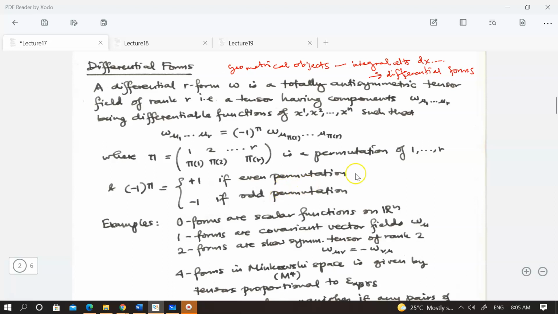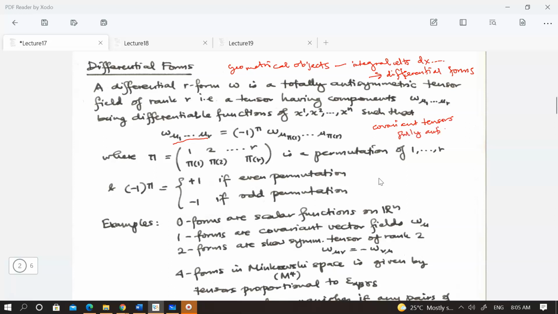Okay, so we have defined differential forms. Essentially, they are covariant tensors. So you can see the indices at the bottom. And they are fully antisymmetric.